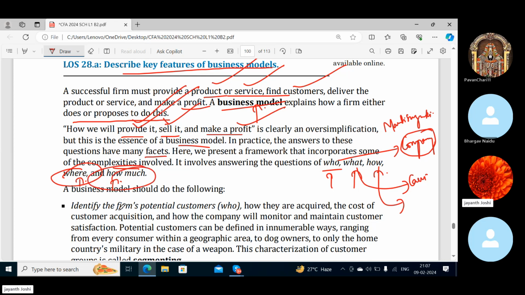How much they make depends upon how much is the demand in the market. So who is making cars? Maruti Suzuki. What are they making? Cars. How? By using certain technology and certain manpower. Where? In Gurgaon. And how much they make depends upon the market.